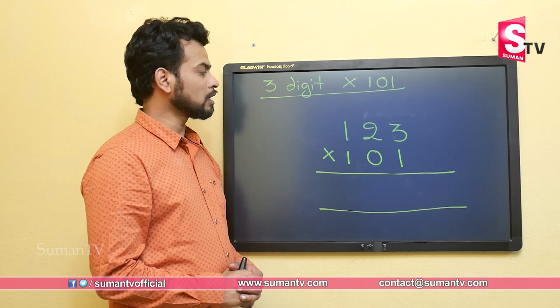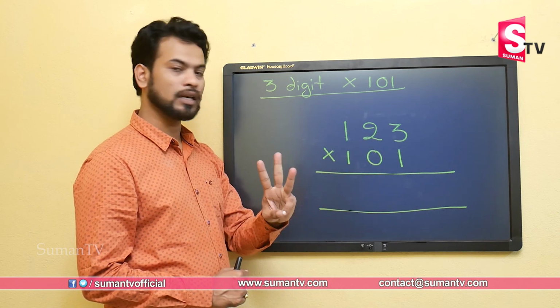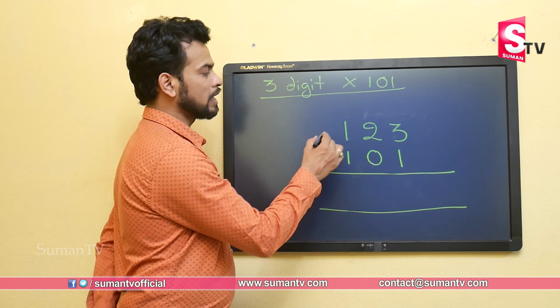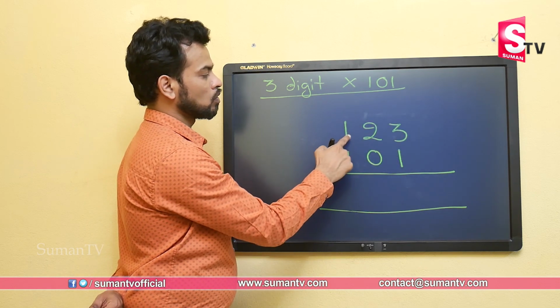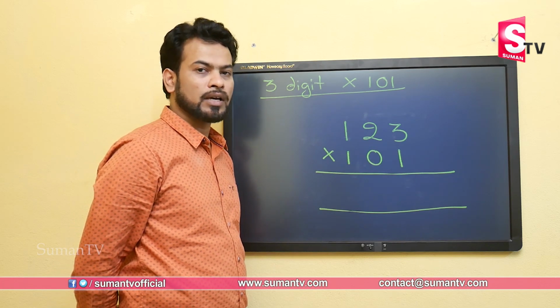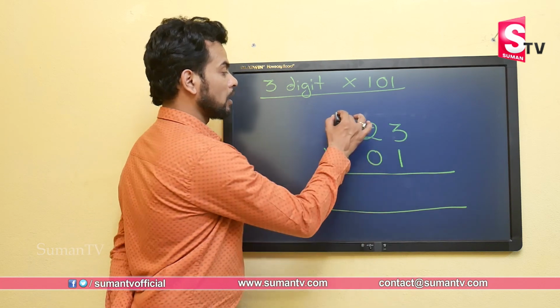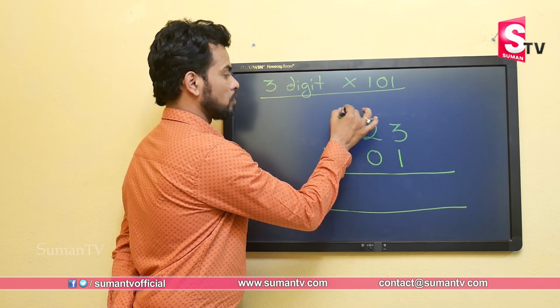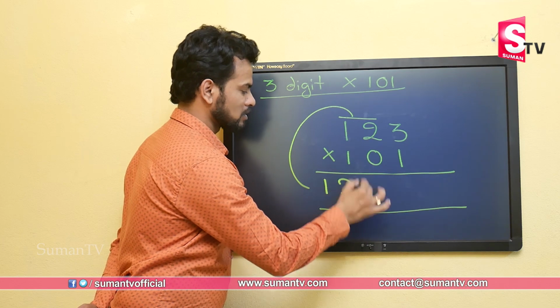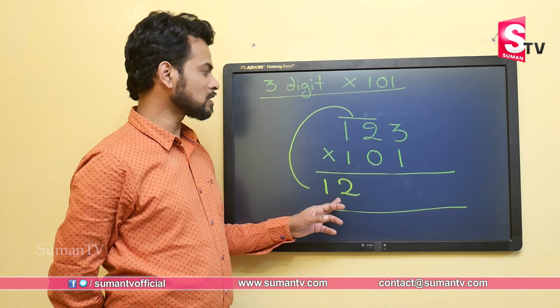So the first trick here is 123. There are 3 digits. First step what we will do is we need to find out the left side 2 digits. What are the left side 2 digits of 123? The left side 2 digits of 123 is 12. So we will take this 12 and place as left side answer. So we got the first answer.